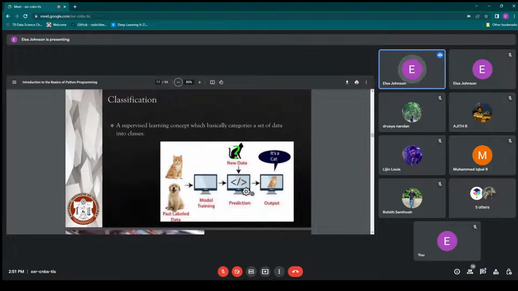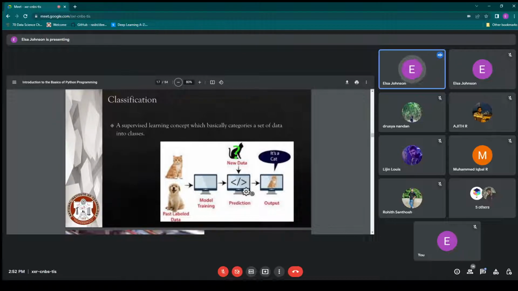The first one is classification. So in classification, just you can see the image there. You might have past stable data as a cat or a dog, and there might be a model. You will train this model to predict whether it's a cat or a dog. So this is a supervised learning concept.